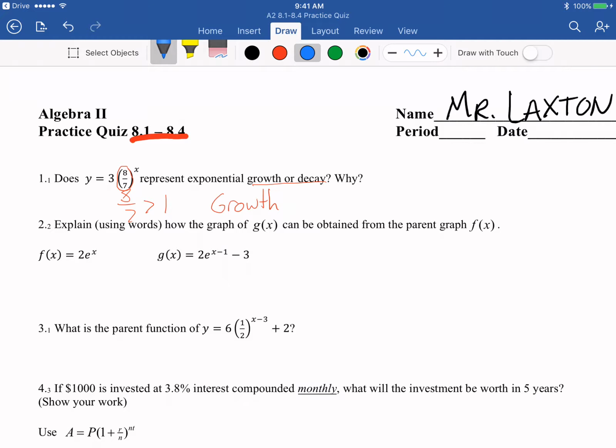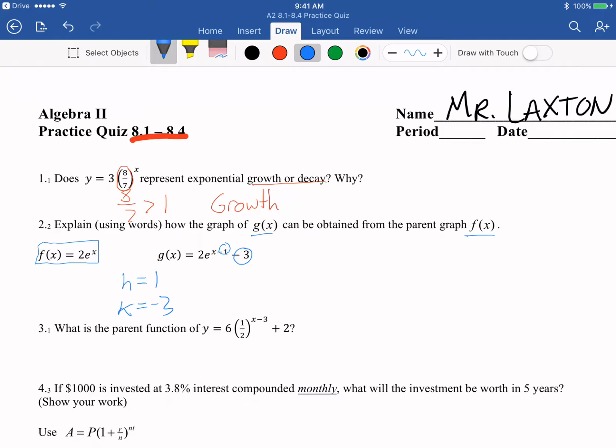All right, looking at the second one, we just have to explain how this graph of g of x can be obtained by this parent function f of x. So we have this parent function here, okay? So all you have to do really here is just look and find out what your h and what your k is. So if we look here, my h is going to be positive 1, the opposite of what it looks like, and my k is going to be negative 3, actually what it looks like.